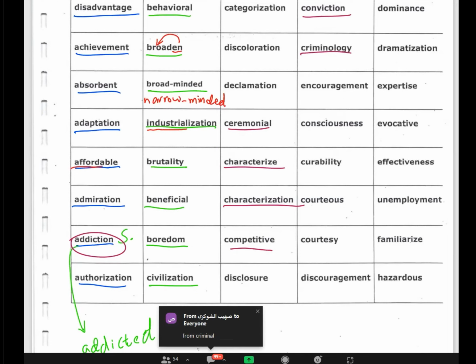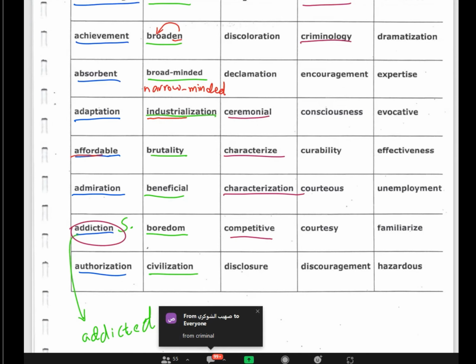Related to crime. So it's the study of crimes and criminals. Can you give me some examples of crimes? Hacking, stealing, killing, kidnapping, blackmailing, suicide also, when the person kills himself.